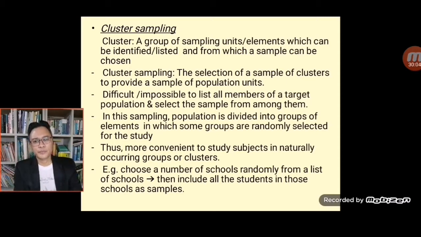Contoh macam dekat satu kawasan negeri ada 3 daerah. Kalau Melaka ada Alor Gajah, Jasin and Melaka Tengah. Alright, ada 3 distrik. We only pick Jasin, katakan Jasin.